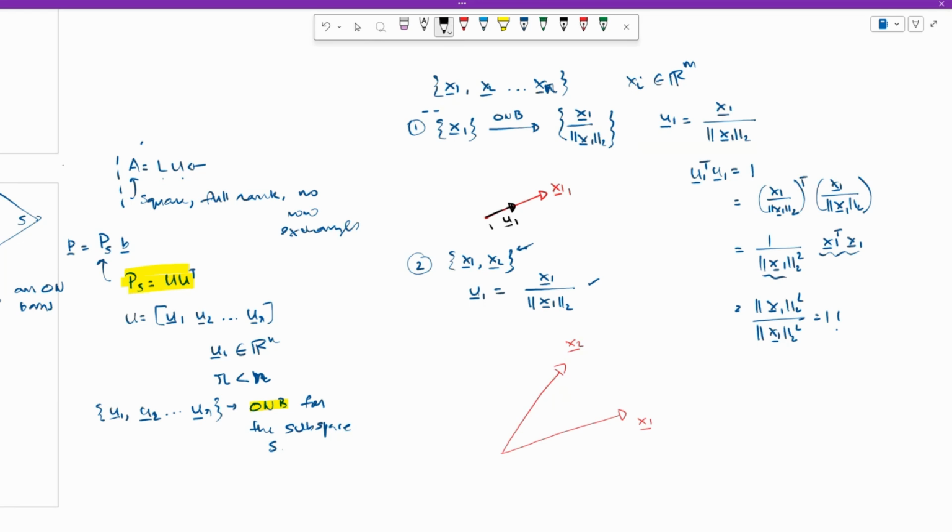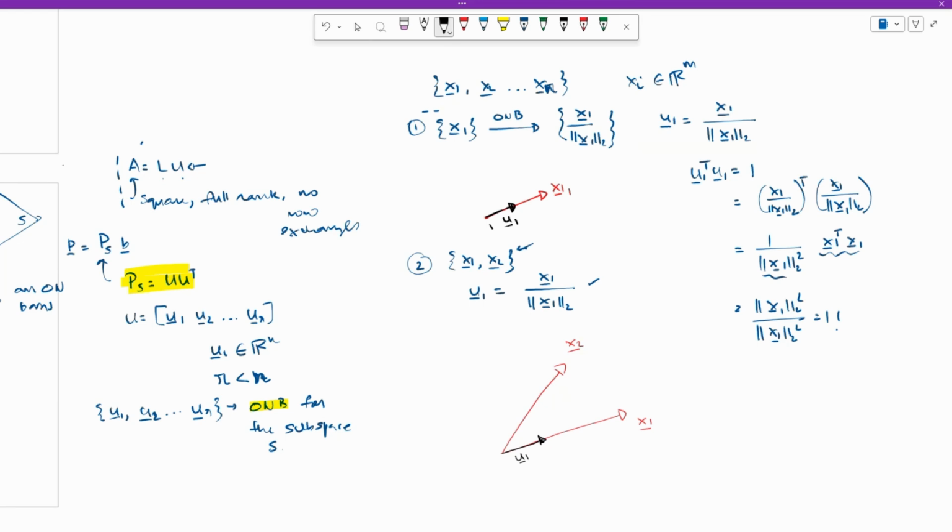We obtain the first orthonormal basis vector by simply taking X1 and normalizing it so that it has length 1. That's U1. Let's assume this is unit length. Now, if you want an orthonormal basis, the second vector that you generate has to be orthogonal to U1 and it has to have length 1.